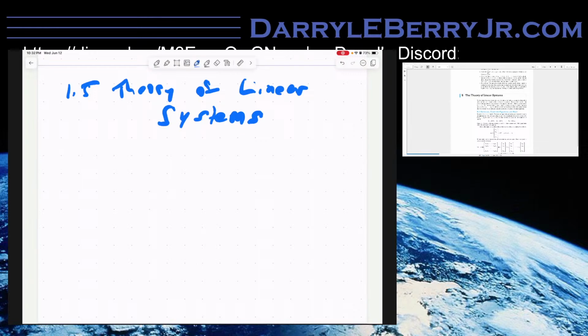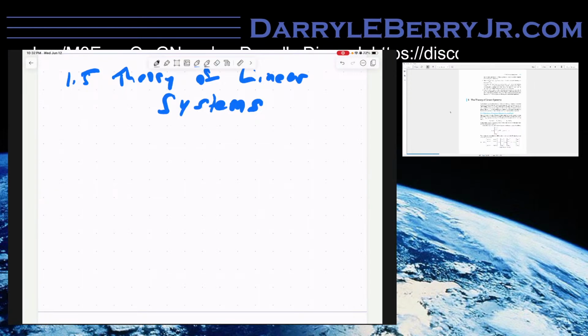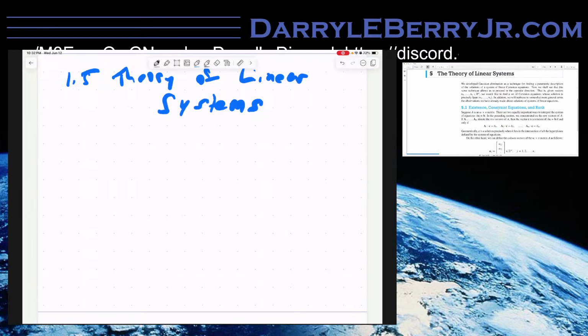So we're going from a vector, and let me increase the size of the book. Interesting. It seems like we're starting from a vector.